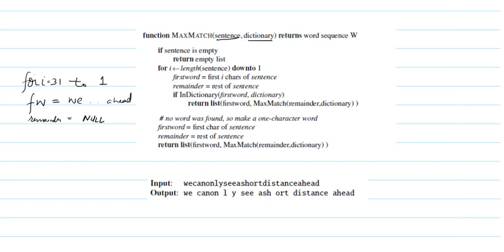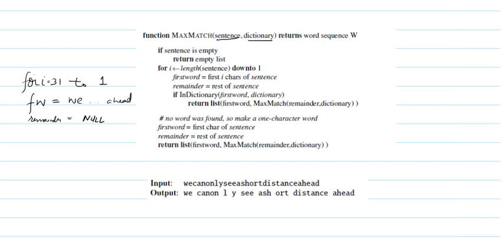So if in dictionary, I need to search this first word in the dictionary. This first word has to be looked up in the dictionary. Now if this whole thing is in the dictionary, meaning I am looking for that particular word in this dictionary, and it is present, then it is fine.